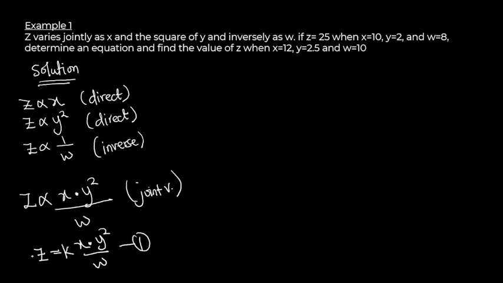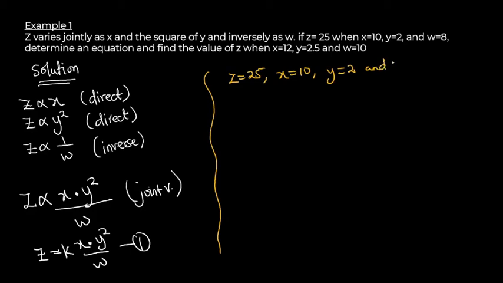So let me use a different color. So we have, when z is 25, x is equal to 10, y is equal to 2, and w equals 8. So we simply have to do substitution of these values into equation 1 to get our constant. Simple mathematics.